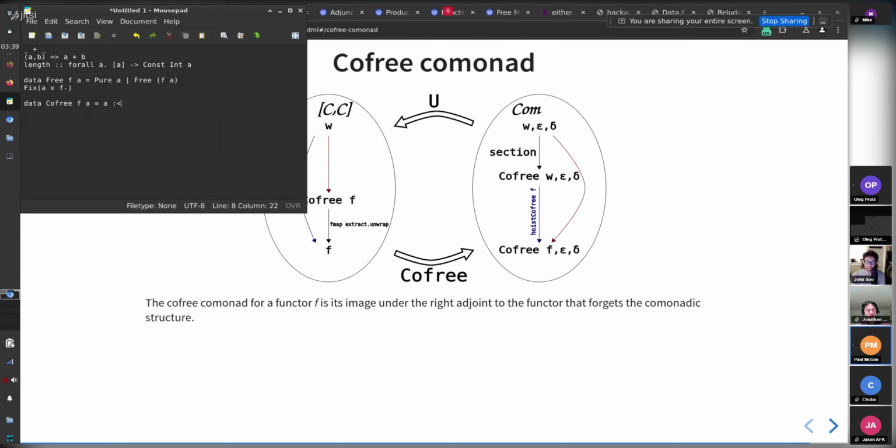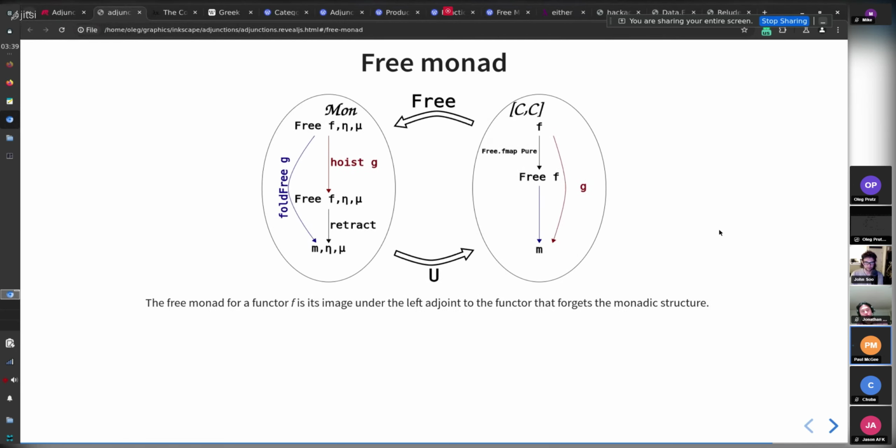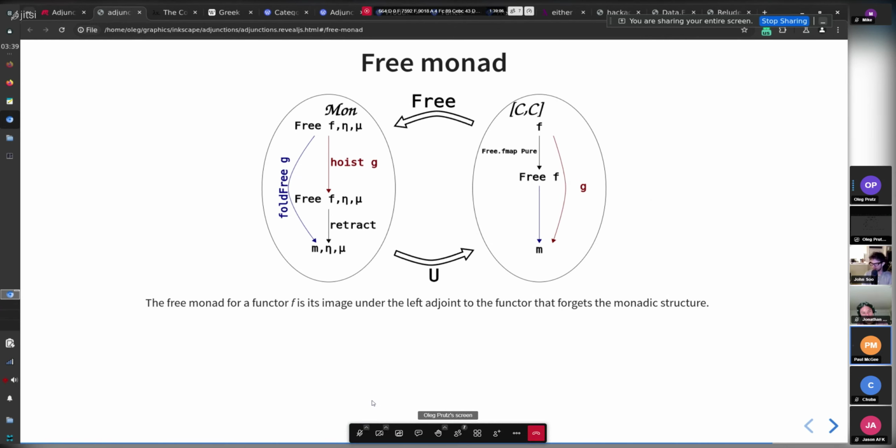Okay. Question? Yeah. Is it right to say a free monad is a bit like taking some language generation rules and a set and exploding out all the possible words that could be in that language? I think that would apply to cofree more.